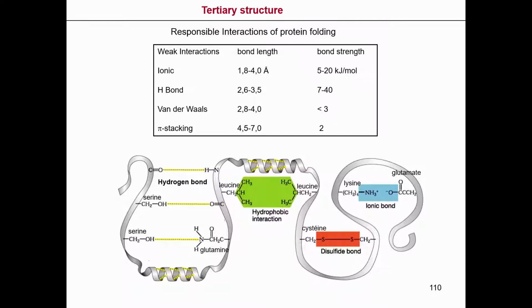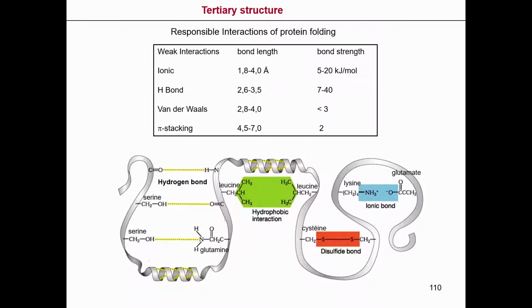The secondary structure, which corresponds to the local structure of one part of the proteins. So you have three major secondary structure: the alpha helix, the beta sheet, the beta turn.